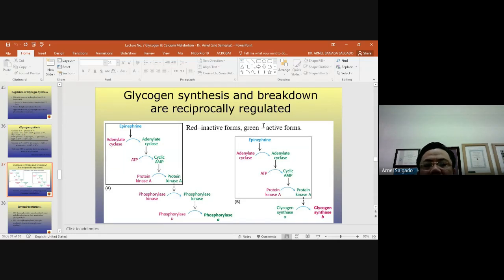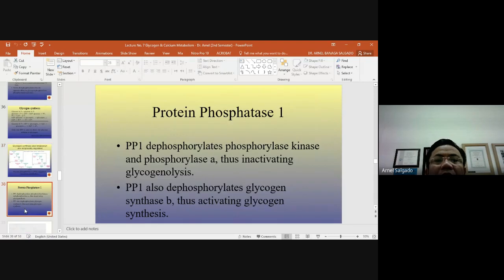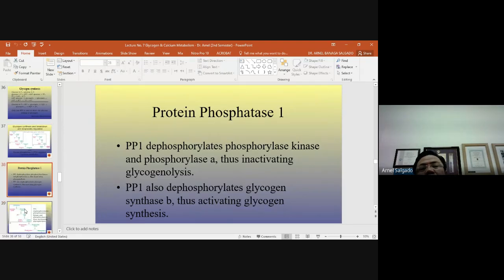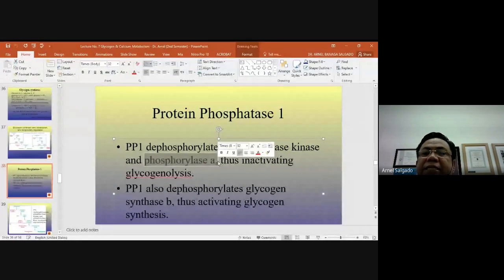Okay? All right. So now let us look into protein phosphatase 1. The protein phosphatase 1 dephosphorylates phosphorylase kinase and phosphorylase A. Remember, this is the active form of phosphorylase, thus inactivating glycogenolysis. The protein phosphatase will always be the one to regulate glycogenolysis.